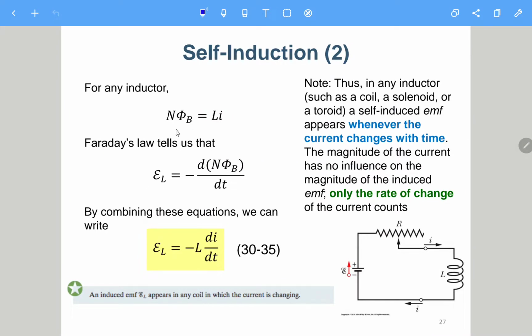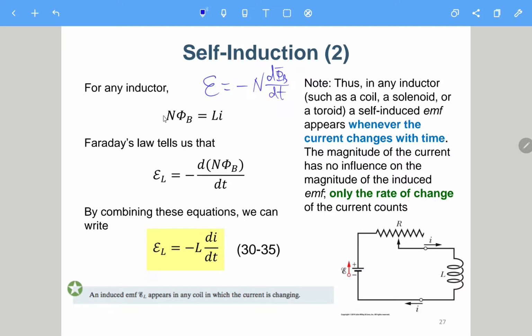Okay, so here it says still the same thing, N phi B equals L i, because from the definition, L equals N phi B over I, so we just move the I to the right side. And then for Faraday's law of induction, we have E equals negative N d phi B dt, which means we just put this N inside.